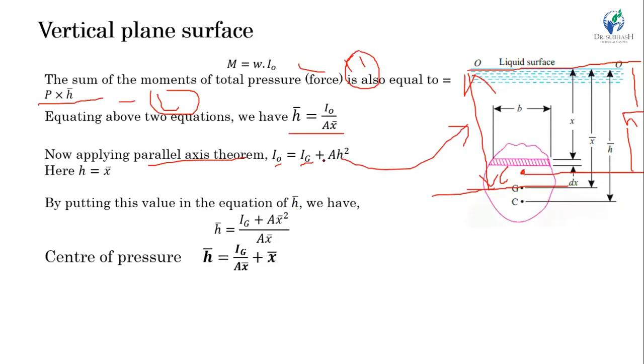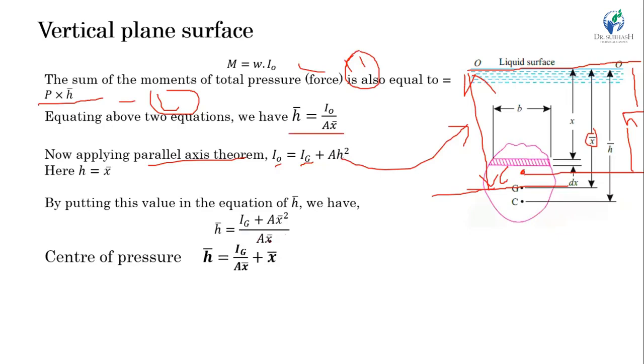But here, as per the given condition, h equals x bar, because we have already considered the distance of CG from the free surface of liquid as x bar. So in this case, h will become x bar. By putting this value of I0 in the equation of h bar, we get h bar equal to Ig plus A x bar squared, divided by A x bar.